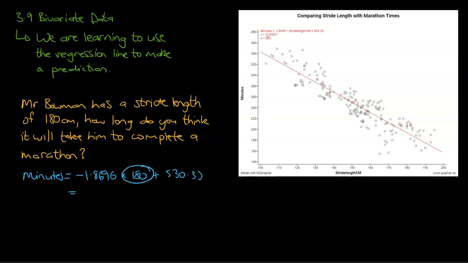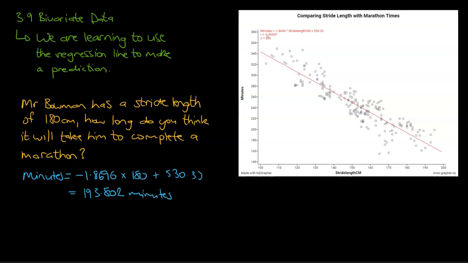So I've substituted the 180 in for the stride length that I know about. I'm going to grab my calculator out. So negative 1.8696 times 180. I'm being a bit more careful this time so I don't make a mistake. Plus 530.33. My prediction would be 193.802 minutes.